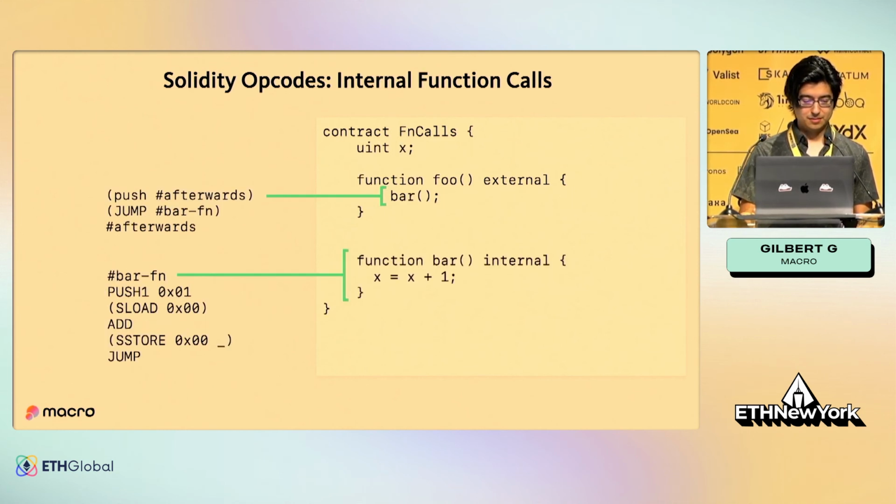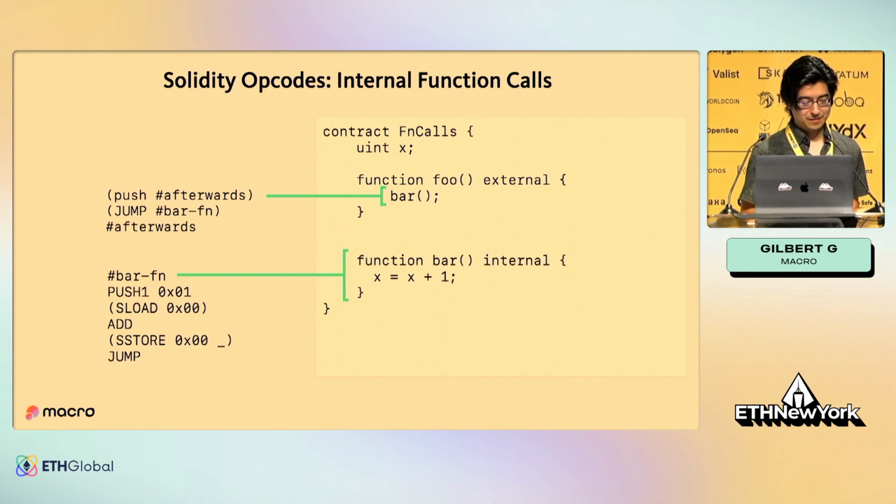So let's look at internal calls and compare. Internal function calls, on the EVM, it's just jumping to a specific spot in your bytecode and then jumping back. So here, in this pseudocode, we push a specific address in our bytecode, then we jump to the internal code, and then we expect it to jump back.